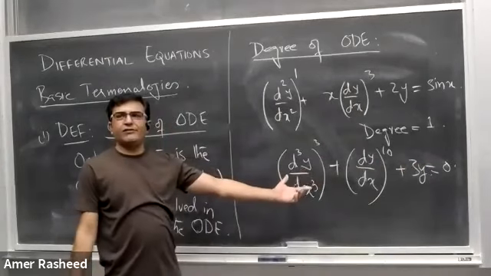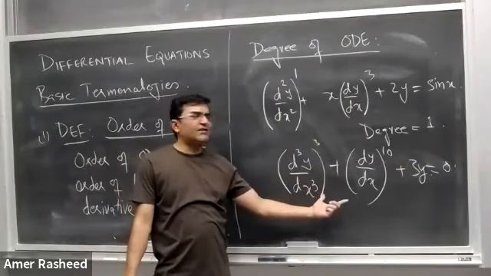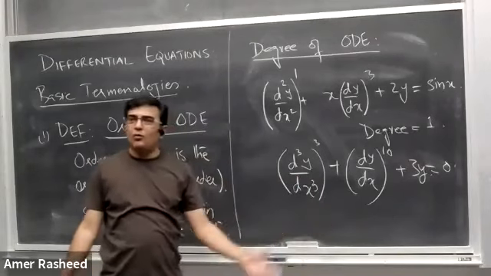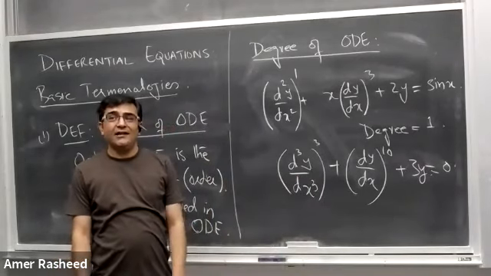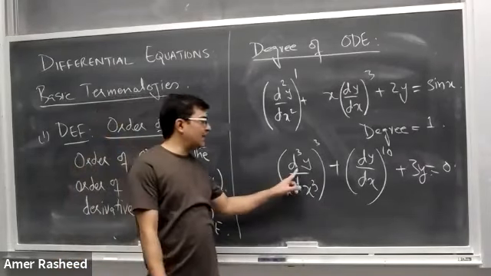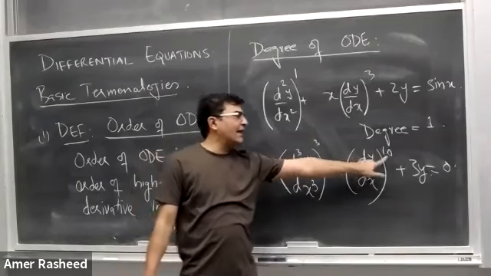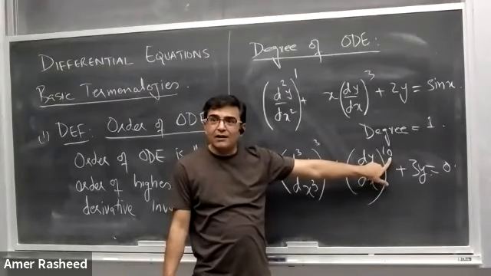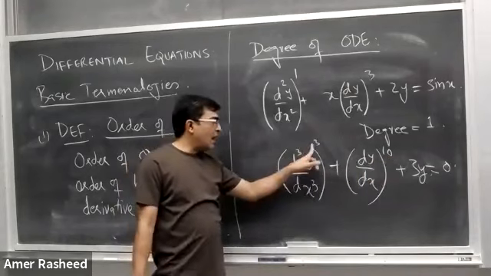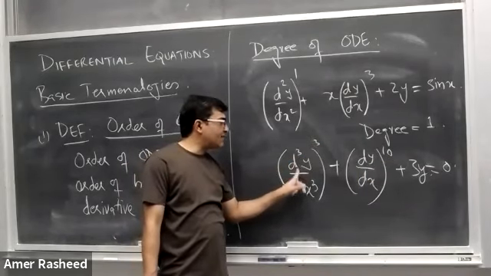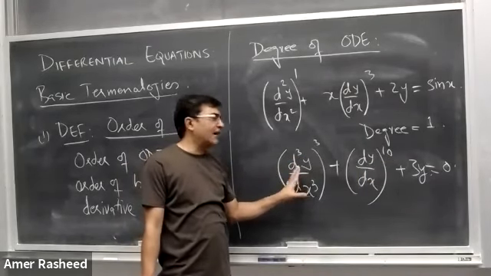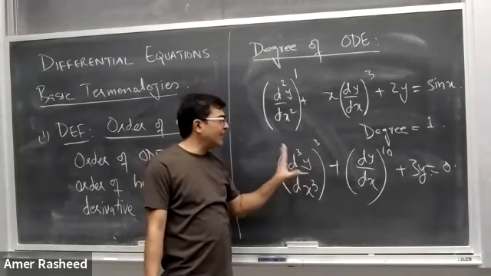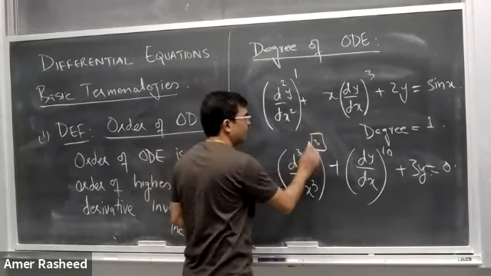If this is your differential equation, what is the degree? It is still 3, because we look at the power of the highest order derivative, not the highest power. We don't look at the highest power. We look at the power of the highest order derivative in that differential equation. That is called the degree of that differential equation. So the degree is 3 here.